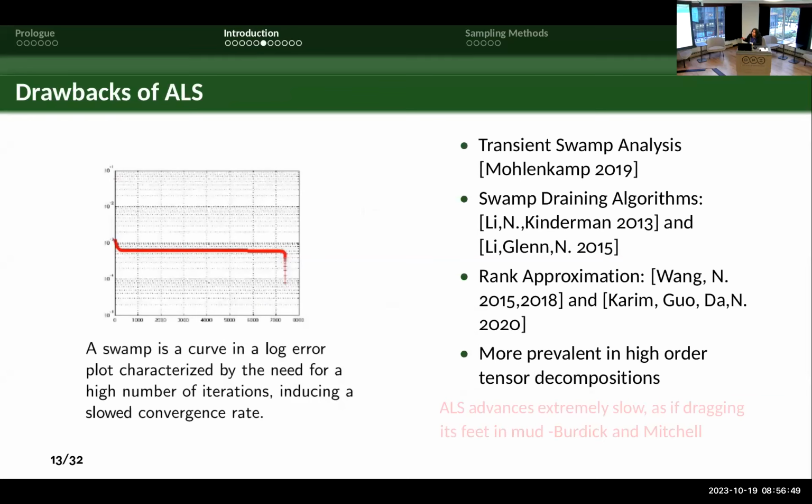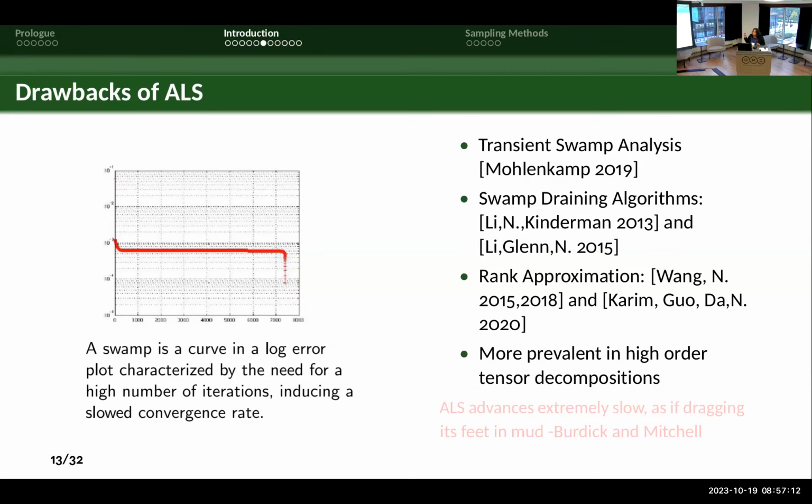And again, there are some drawbacks of ALS. There's this thing called the swamp, I mentioned earlier. It's just a curve in a log error plot, characterized by the need for a high number of iterations, inducing a slowed convergence rate.